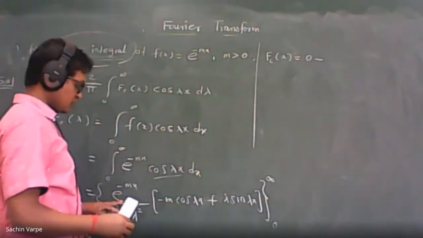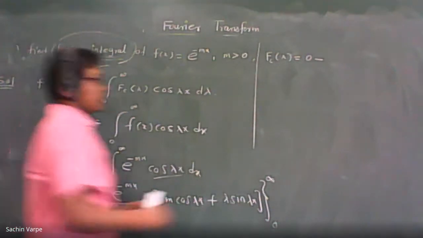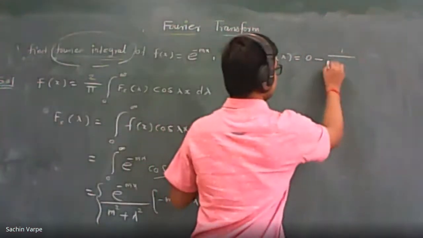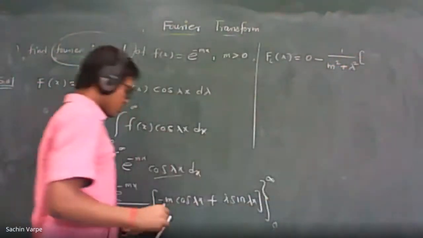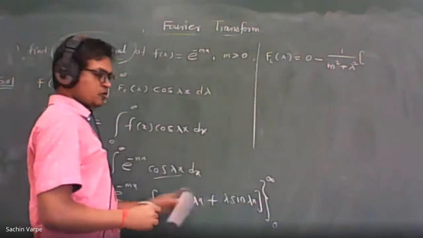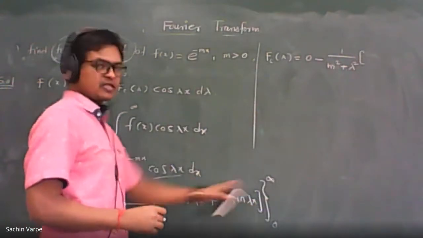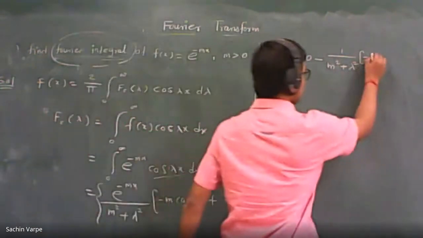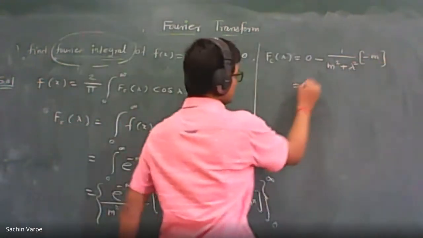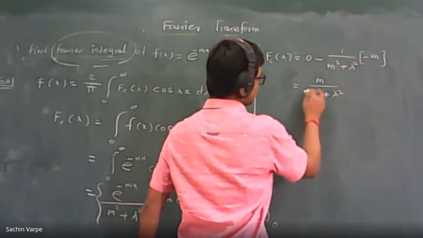So x equals 0, e to the power 0 will be 1, upon m square plus lambda square, 1 upon m square plus lambda square into minus m cos 0. Cos 0 is 1. So minus m plus lambda sin 0, but sin 0 is 0. So it will be only minus m. So f_c(lambda) is m upon m square plus lambda square.